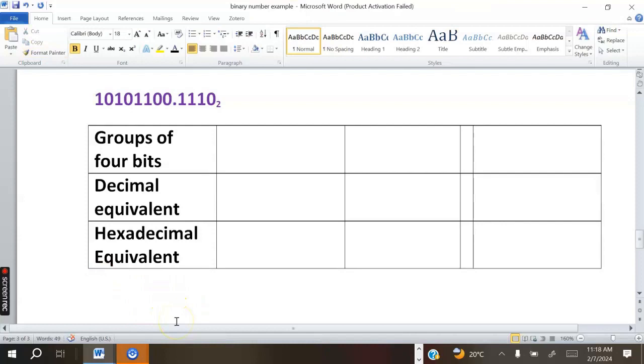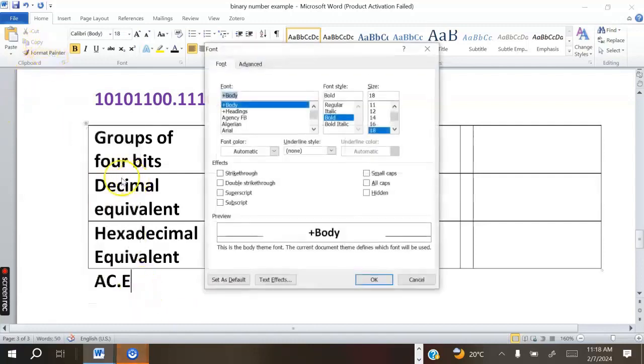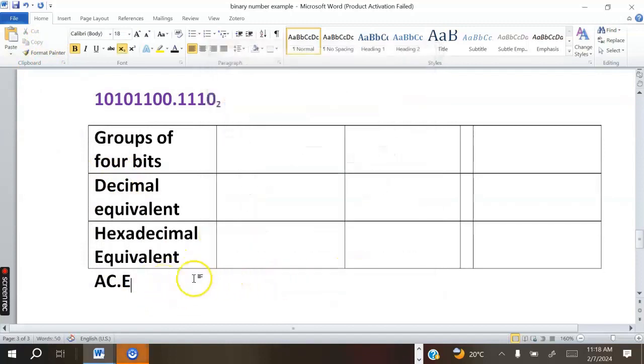This should be your answer, maybe I might give you time to go through, which is AC.E base 16.